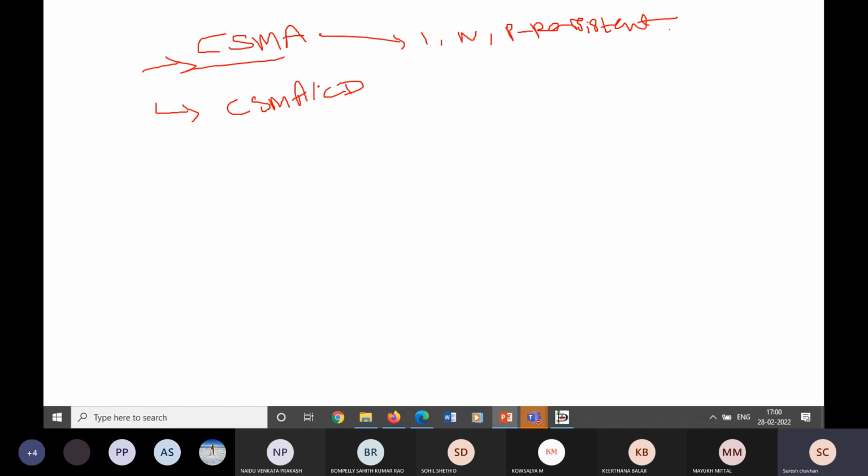Whenever we say there is a collision, that means there are two different signals in the channel. The very first one is, for example, station A's own signal.